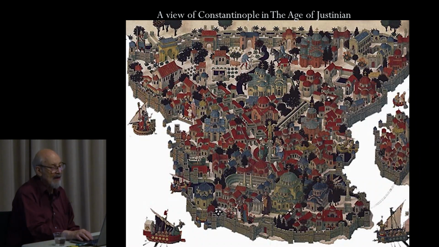This is Constantinople, one of these lovely composite drawings which are rather hard to find your way around in. But down at the south end is the Basilica of Hagia Sophia, the Church of the Holy Wisdom, built by Justinian.